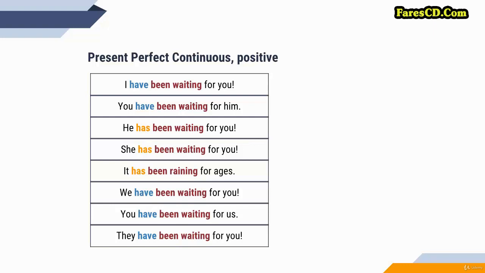After that, always been, always. After that, the verb plus ing. Have or has plus been plus the verb with ing. These are the forms of present perfect continuous as positive forms.